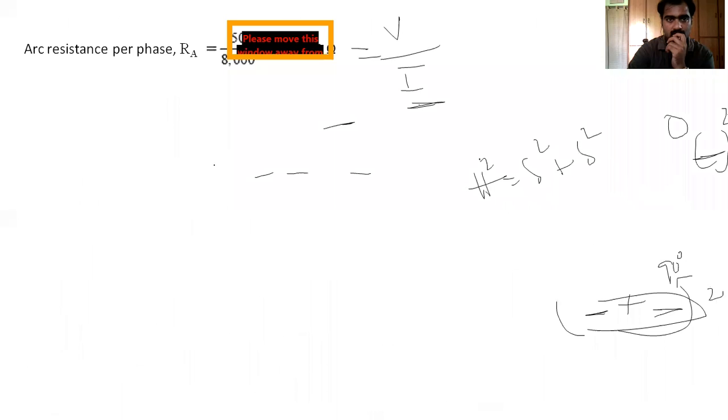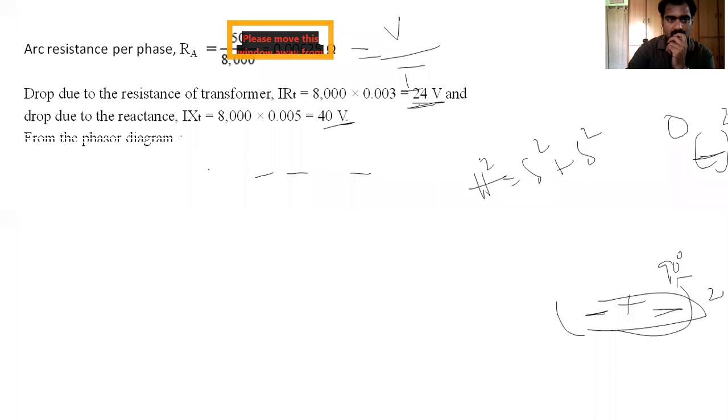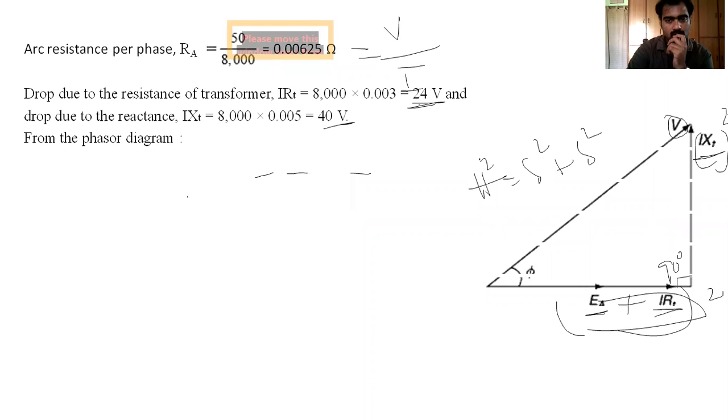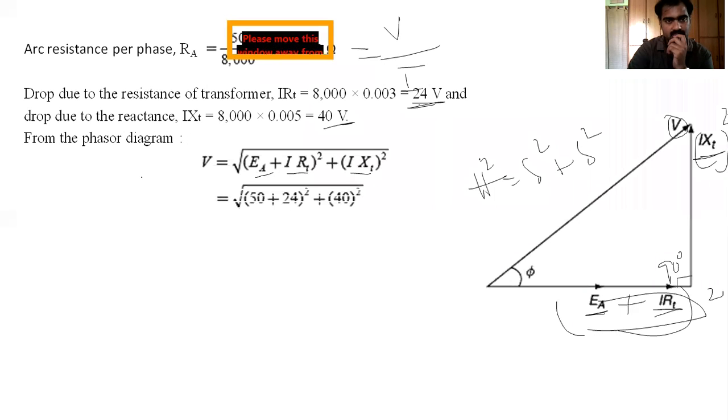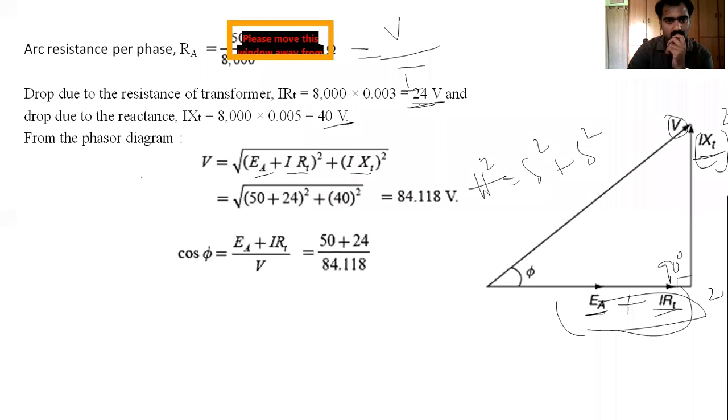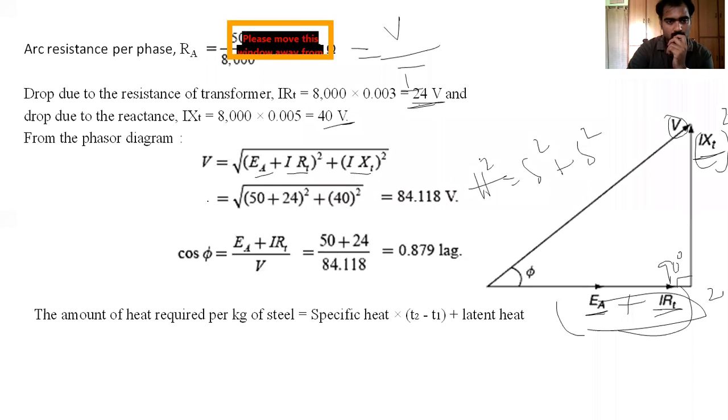So first of all, we have to calculate the amount of heat required to melt per kg, that is specific heat into final temperature minus initial temperature plus latent heat.